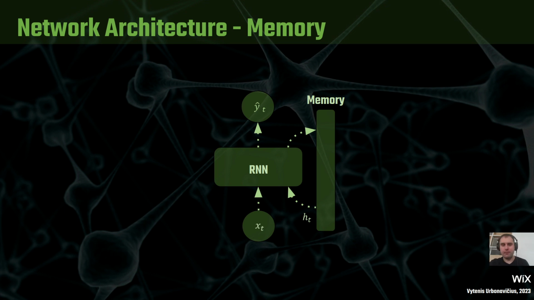There are more complicated solutions which deal with these problems and make memory more lasting, etc. Another problem is that when you train such a network and perform backpropagation, you need to perform that backpropagation not only through all of the neurons and all of their corresponding weights, but also through all of the iterations in time, as many times as the neural network has been invoked. So the training process is also quite slow. But as I said, this is just the simplest example of the concept. There are more sophisticated ideas extending it.